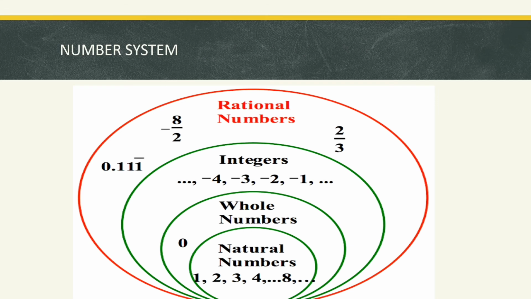So now we can say that all natural numbers are rational numbers, all whole numbers are rational numbers, all integers are rational numbers, and any number that can be represented in the form p by q, like fractions or decimals, are rational numbers. In decimals specifically, the terminating decimals are rational numbers as well as non-terminating recurring decimals.